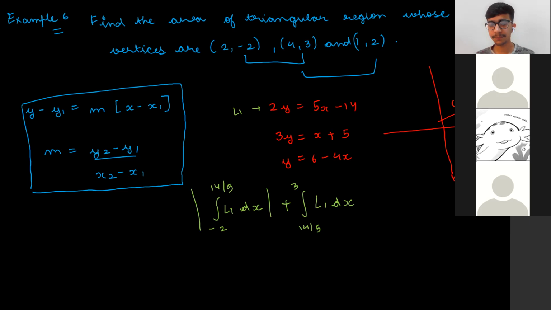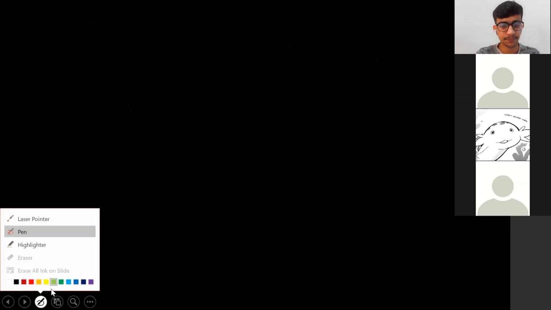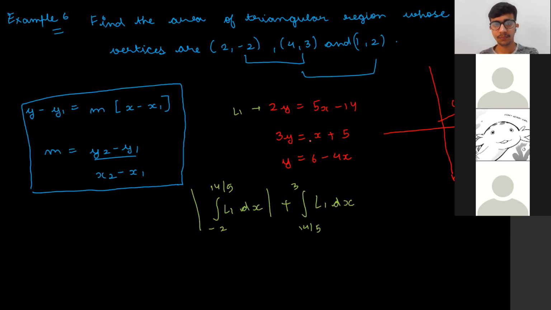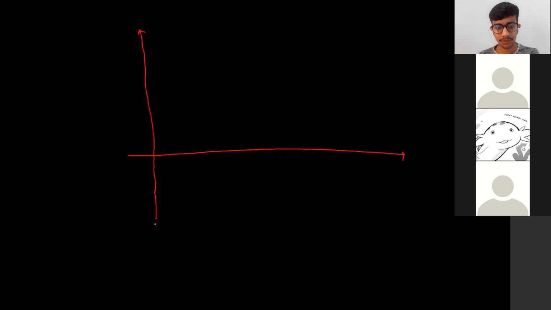After this, the figure is still looking a mess. One second, I'll have to make a new one. So 2 comma minus 2 is this point. Okay, 4 comma 3.